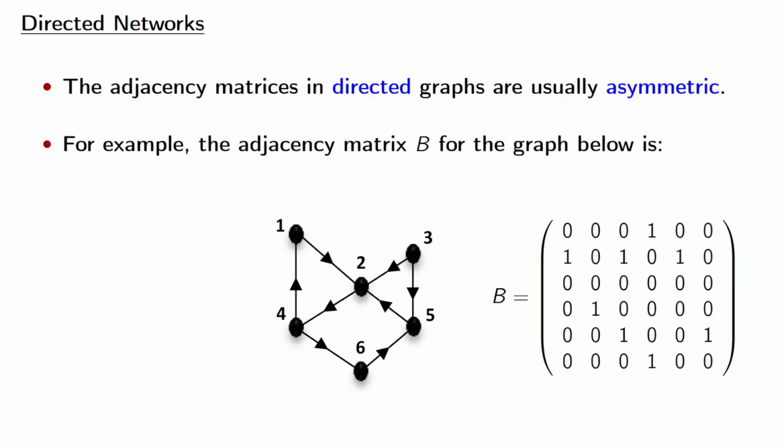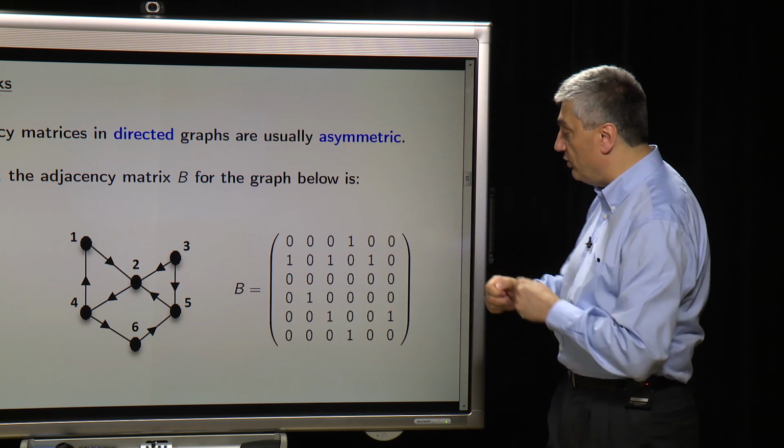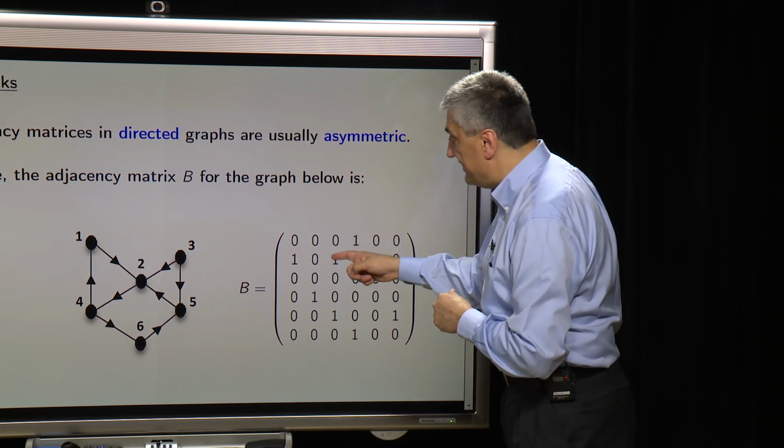A12 is 0 because there is no link going back. If you look at this matrix, you will be able to convince yourself that every entry where there is a 1 means that there is a pointer from the column to the row.